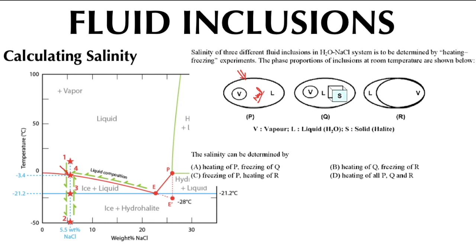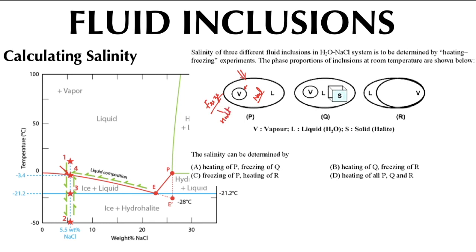We don't know this point here, right? And if we keep on heating it, the amount of vapor and liquid proportion will change, right? We want to know the temperature at which the last ice crystal melted. So first you have to freeze it. First we'll freeze it and then we'll heat it again, right?